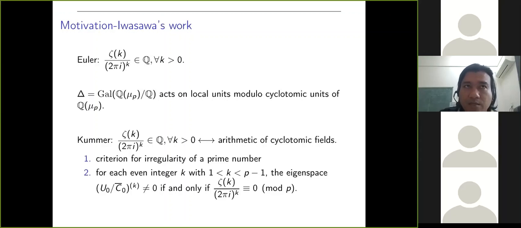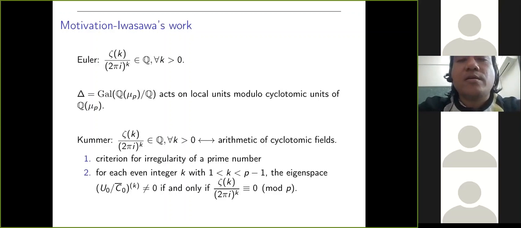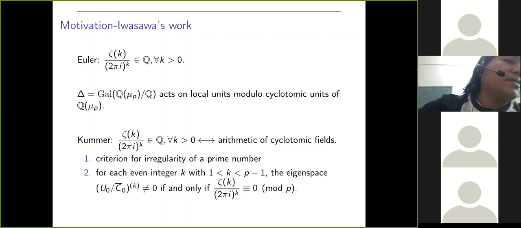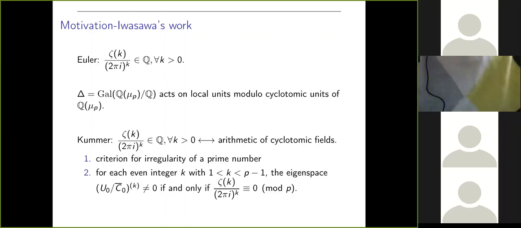Take Q(mu_p) at the prime above p, the p-adic completion of the prime above p in Q(mu_p), and take the closure of C naught in that. Okay, got it. Thanks.